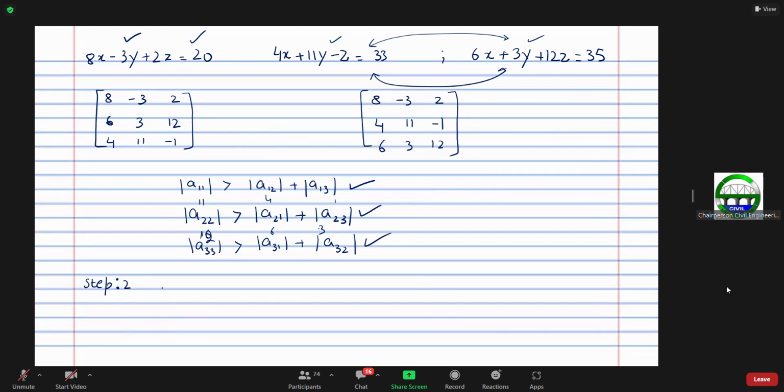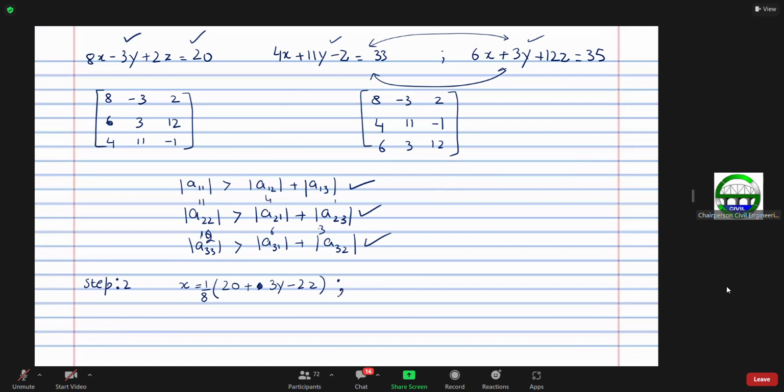So let's see. From equation number 1, I can write x is equal to 1 by 8 into 20 plus 3y minus 2z. I can write it in this way.